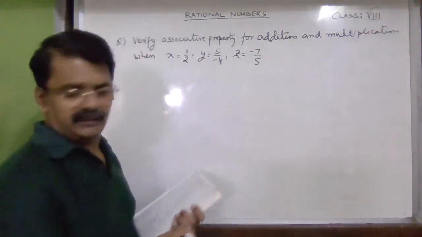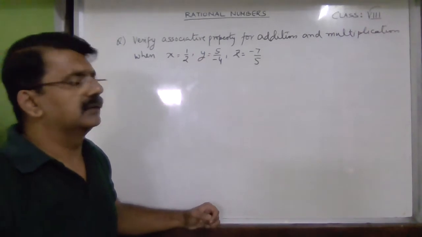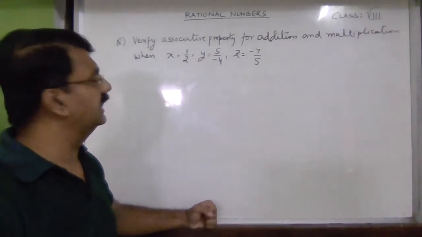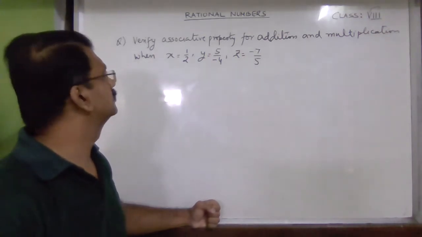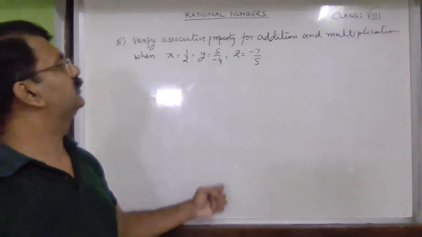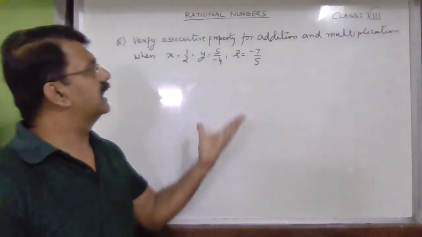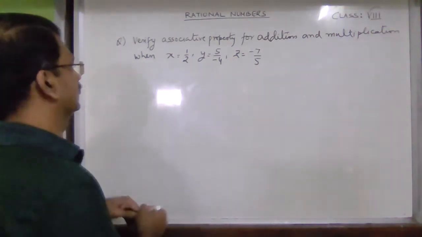So they have given the values of x, y and z, and now you have to verify the associative property for addition as well as multiplication.